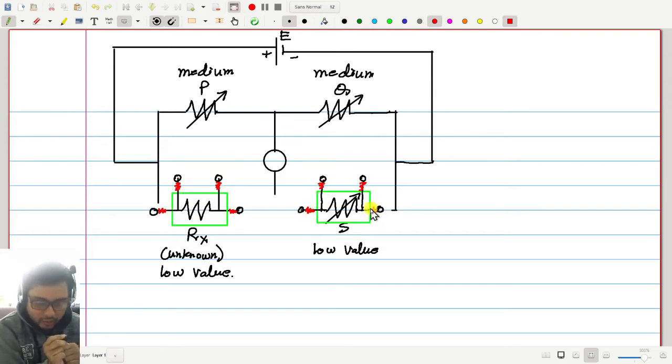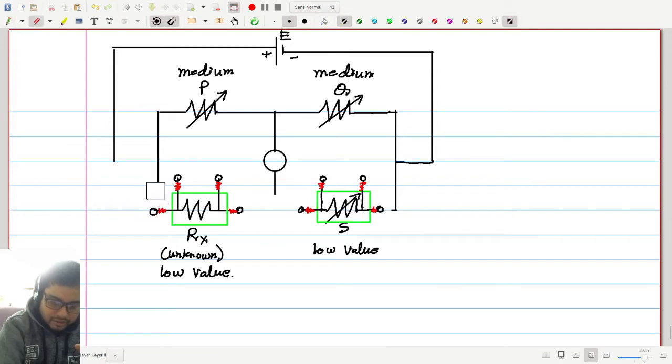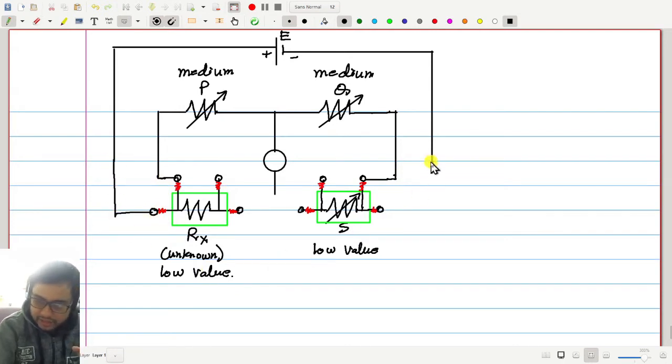Now let me do this. Let me suppose I connect this here and this also here. And this comes to this terminal and this comes here.